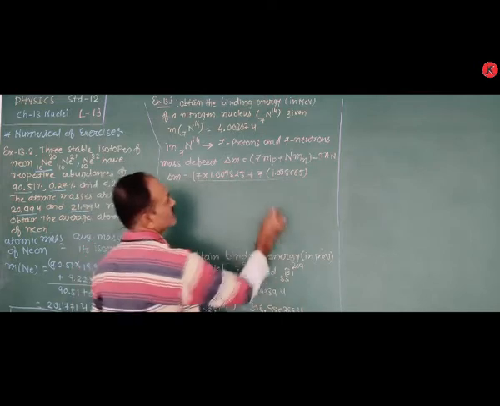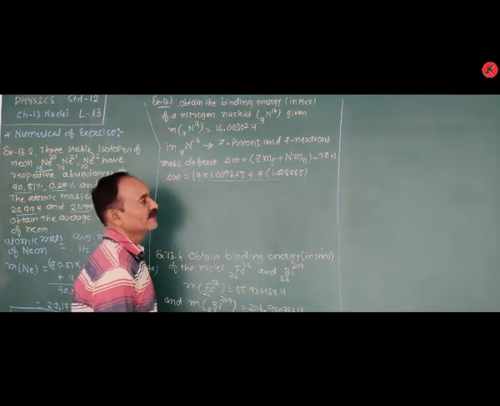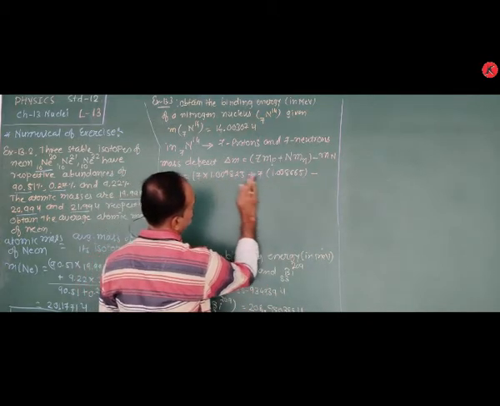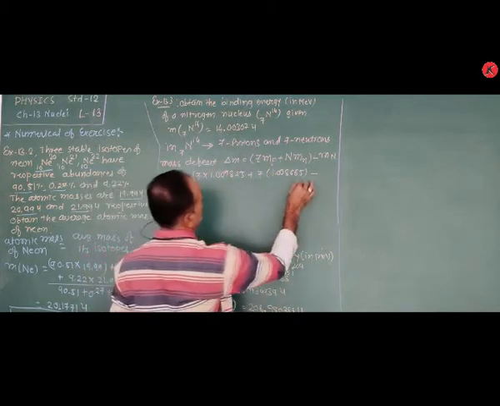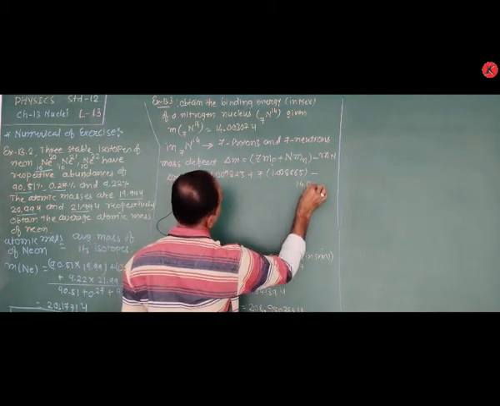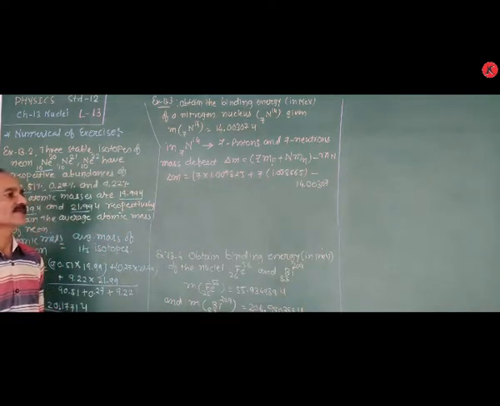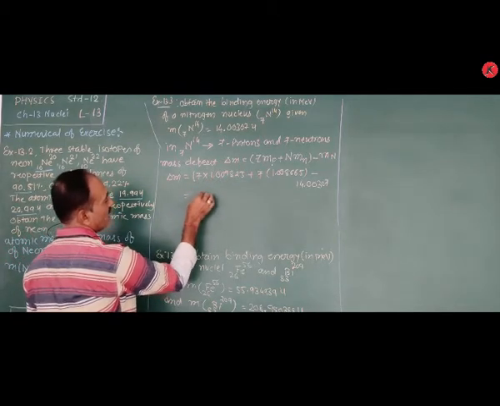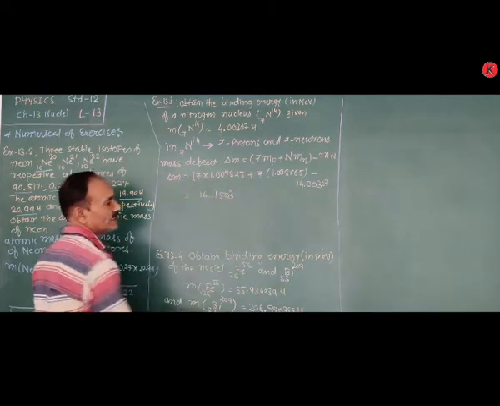Right? That is the total mass of the protons and neutrons in the nitrogen nucleus, minus the mass of the nitrogen, which is given as 14.00307 atomic mass unit. Thus the simplification of this bracket is 14.11503.